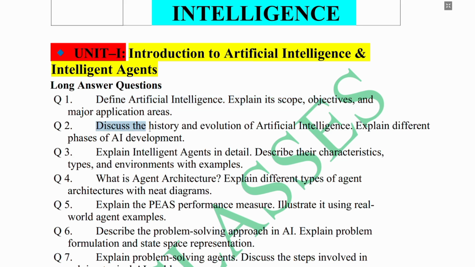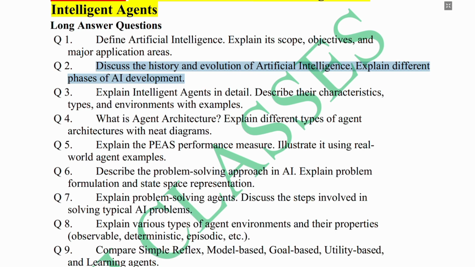The second question is: discuss the history and evolution of AI, and explain the different phases of AI development. The third question is: explain intelligent agents in detail, and describe their characteristics, types and environment with examples.